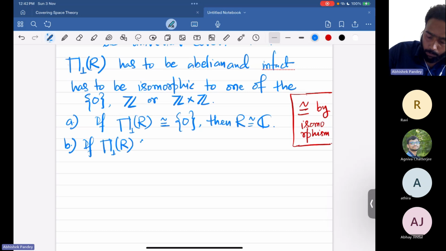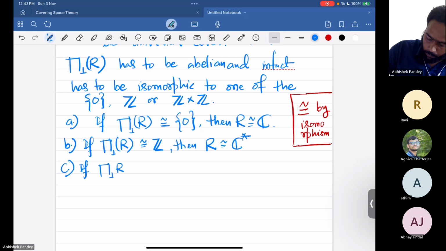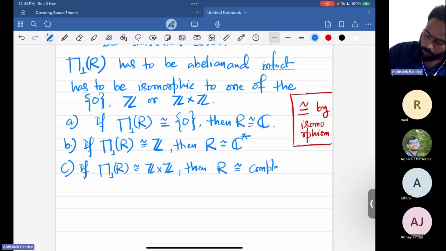If this fundamental group is isomorphic to Z, then R is basically C star, the punctured plane. If the group is isomorphic to Z squared, then R is conformally equivalent to the complex torus.